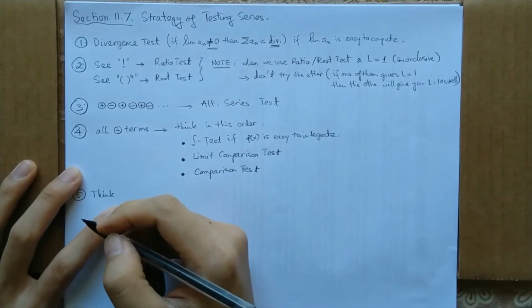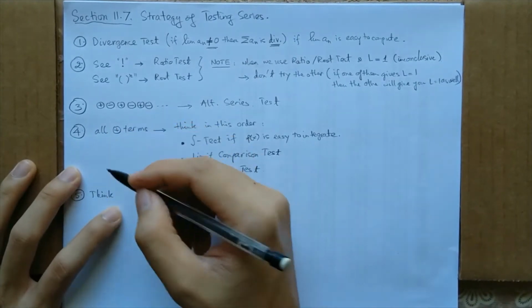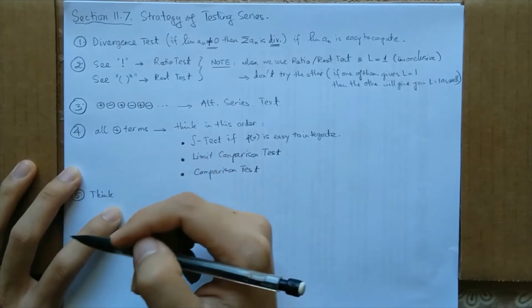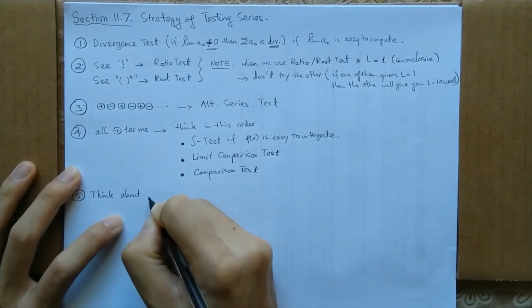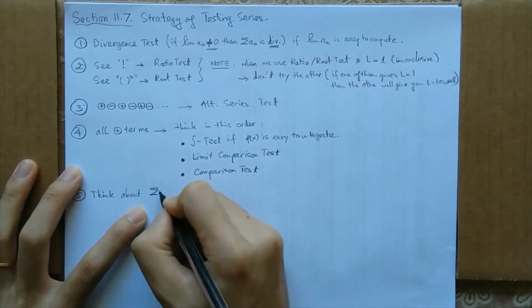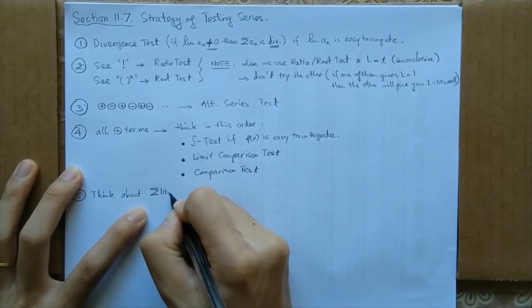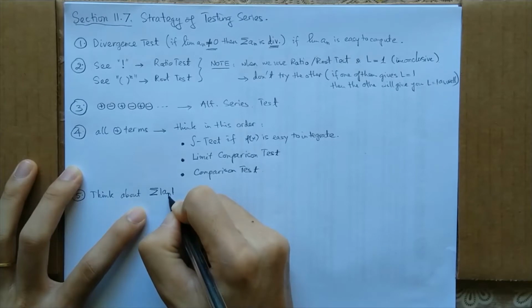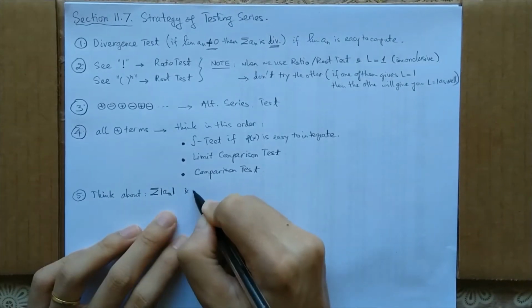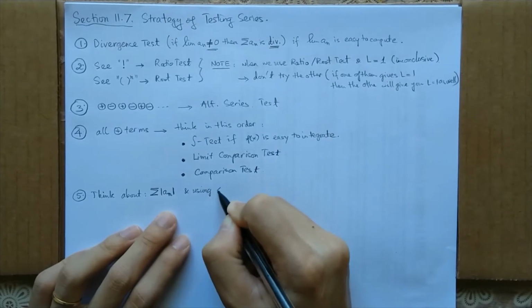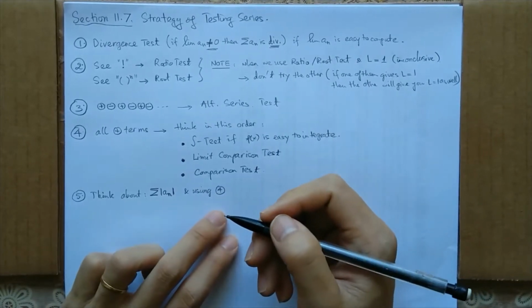If you are given a series that is neither alternatingly changing sign nor all positive terms, then you can think about considering the series with the absolute value, so that you can turn every term into positive and use 4.